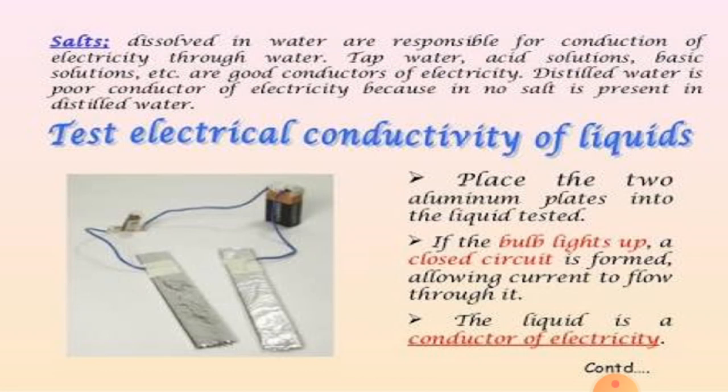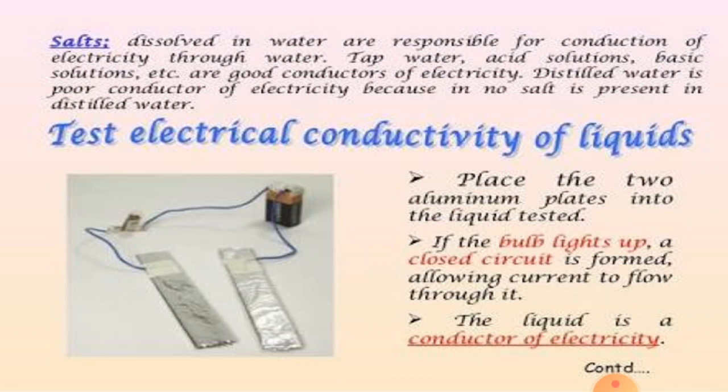You place the two aluminum plates into the liquid that is to be tested, and if the bulb in the electric circuit lights up when you switch on and the circuit gets closed, with the aluminum plates dipped in the given liquid, then we can conclude that the given liquid is a good conductor of electricity.